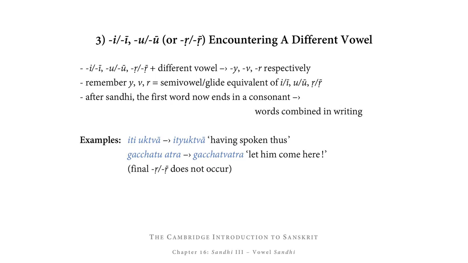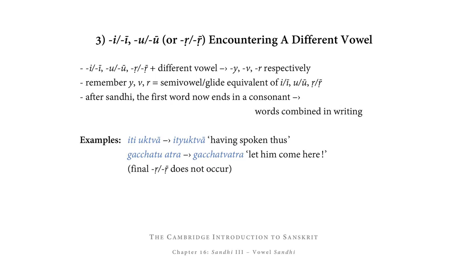Therefore, once sandhi has occurred, the first word that originally ended in a vowel now ends in a consonant. When you have a word that ends in a consonant, in Sanskrit writing that is indicated by means of a virama, and Sanskrit doesn't like using viramas unless absolutely necessary, so this first word is combined in writing with whatever word follows.